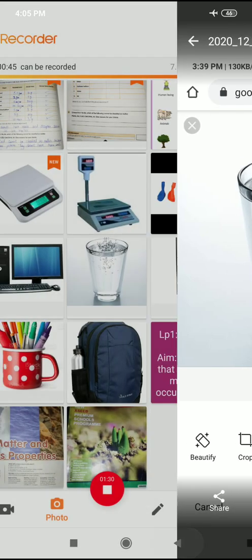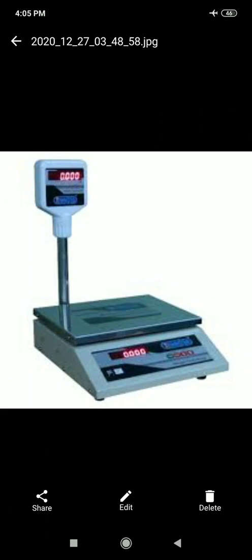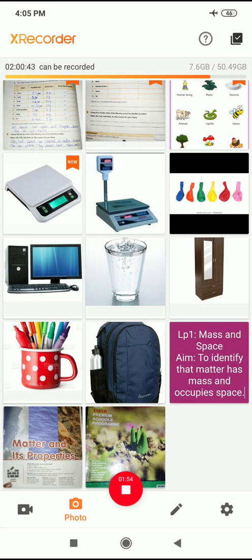Okay, so students, if you have a weighing machine, then you have to keep those things on this machine and note down how much mass actually it has.